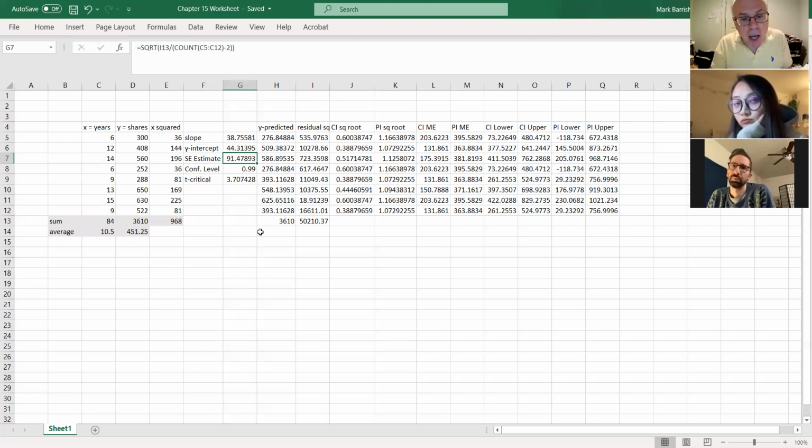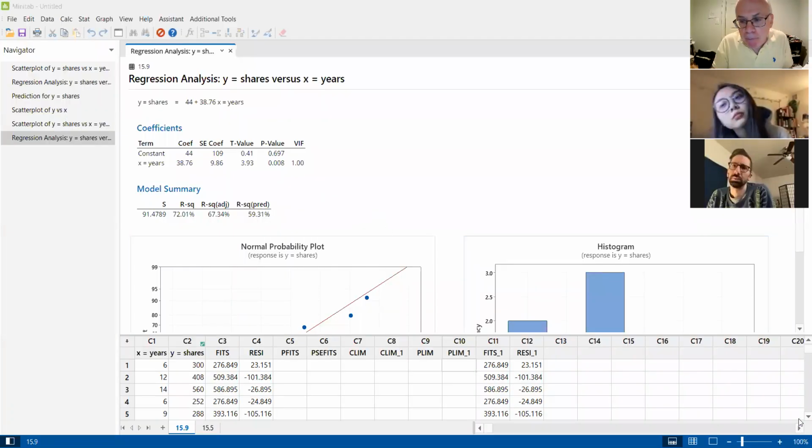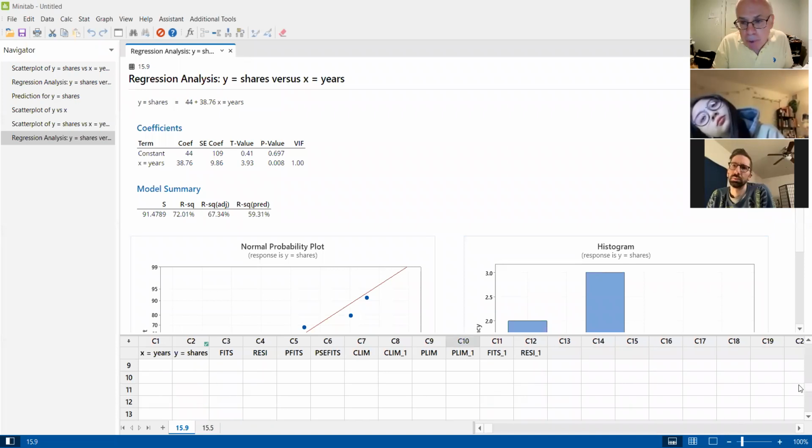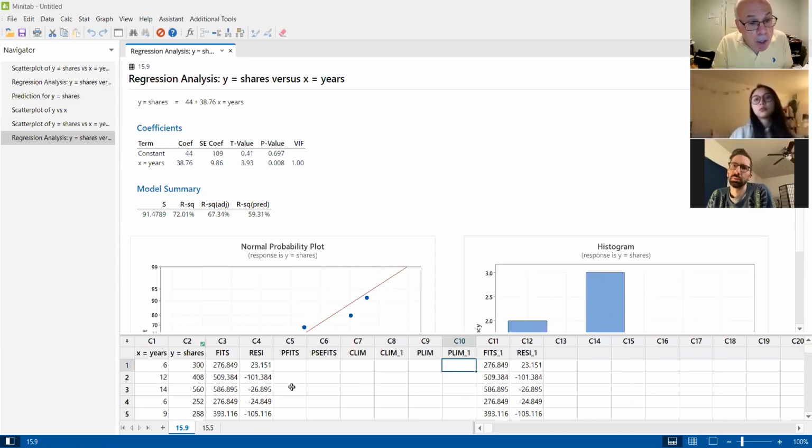Now, remember last time, let's actually go back to Minitab. Maybe I should redo this problem here.